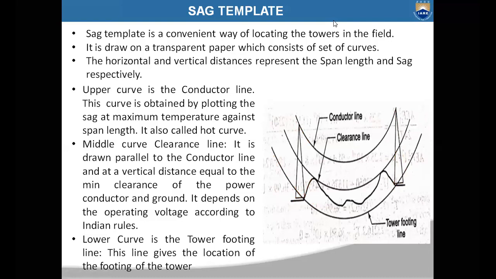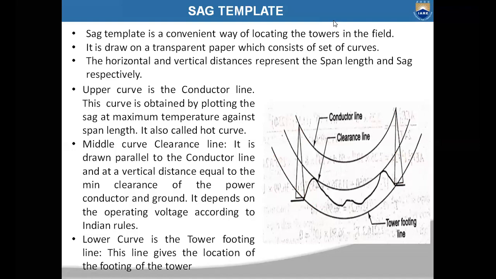Okay, this is about the SAG template. This SAG template will be helpful in locating the towers in the field. This SAG template generally has three curves, which are the conductor line, clearance line, and tower footing line.